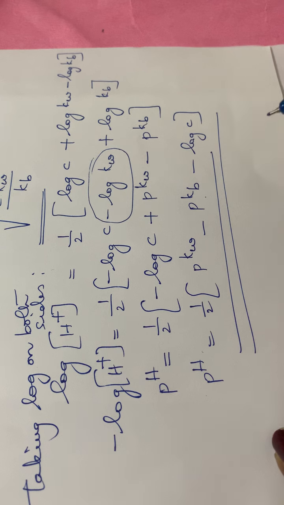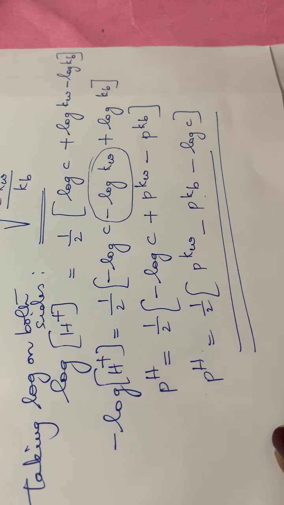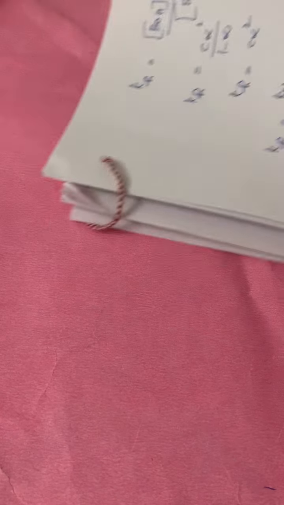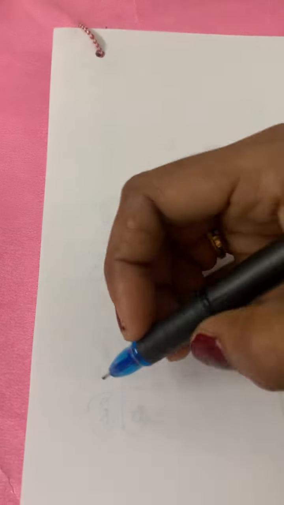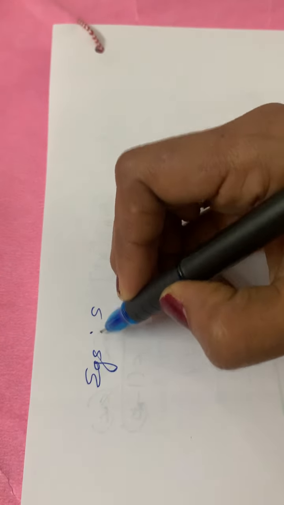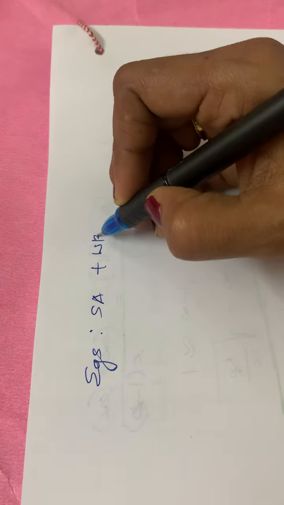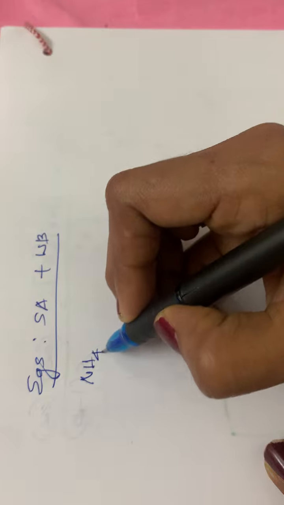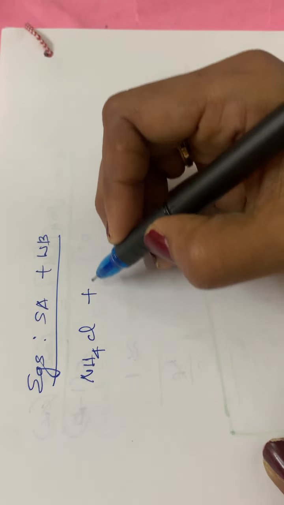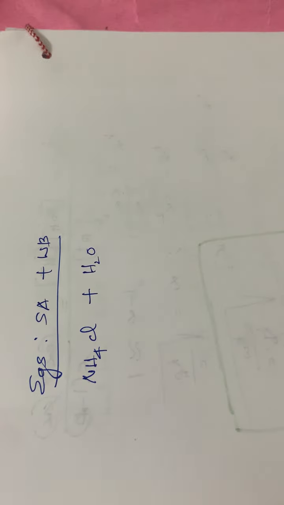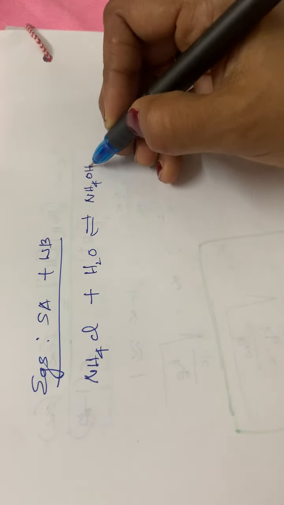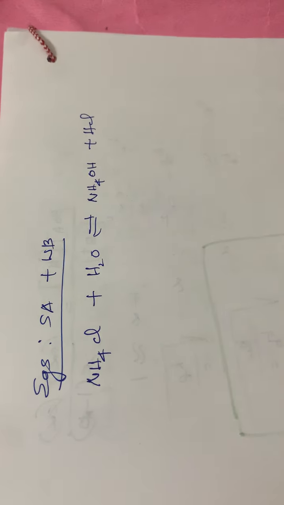Then we have to write some examples for strong acids and weak bases. Example, ammonium chloride plus H2O, that is ammonium chloride is undergoing hydrolysis. So it will be forming ammonium hydroxide plus HCl.